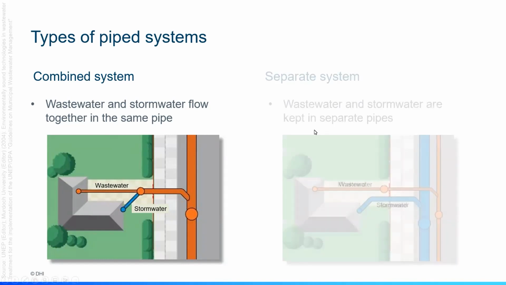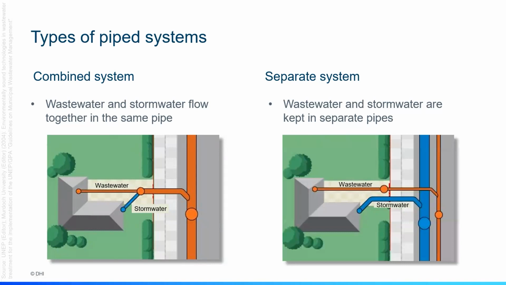And the other one is the separate system. Wastewater and stormwater are kept in separate pipes on the parcel itself, but of course also in the street, in the main pipes. And this is the very traditional classification, and it looks mostly at the pipes.